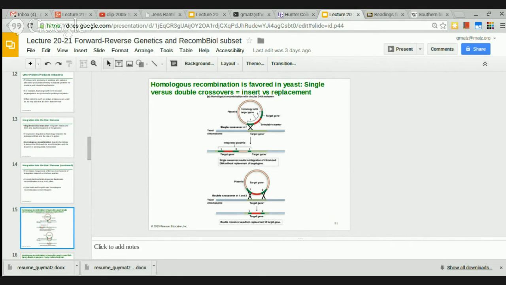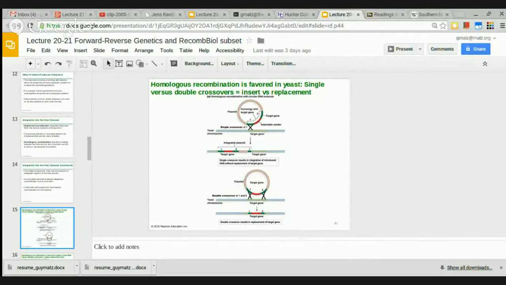Now, this is a case where, for example, we have this gene. We want to know what it does. We've cloned it, but we have no idea what it really does in yeast. So what we've done is in the plasmid, we've introduced a selectable marker gene right in the middle of this gene, which means when the gene gets transcribed and it starts to get translated, you get premature stops because it has this weird new sequence in the middle of it, okay?